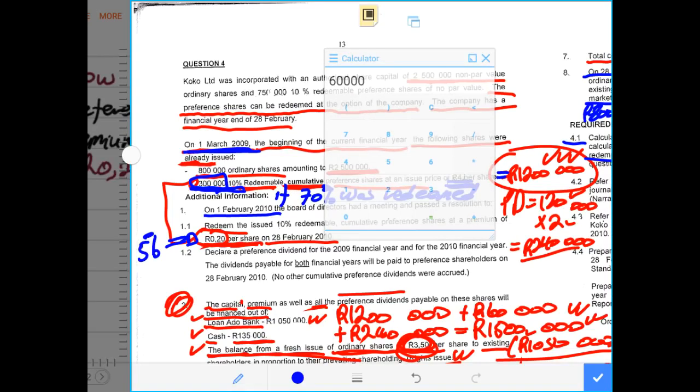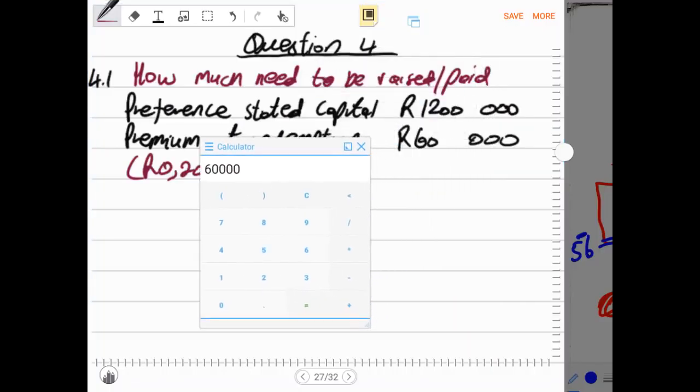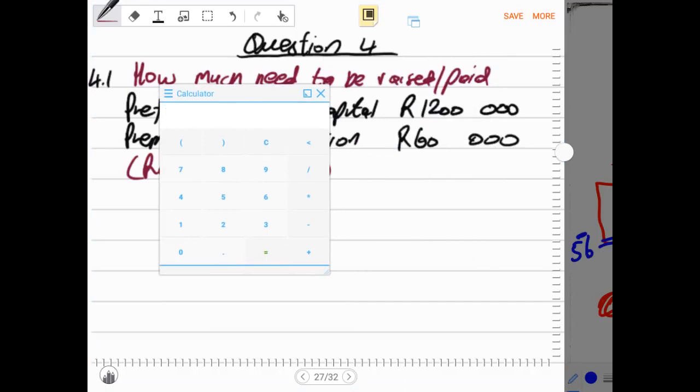If you were given the 5%, it was going to be calculated on the capital that is being redeemed, which is 1,200,000. Multiply that by 5, divide by 100. That will give us the same 60,000. So when you are given a premium as a percentage, calculate it from the capital. If it's in rands, calculate it from the number of shares.